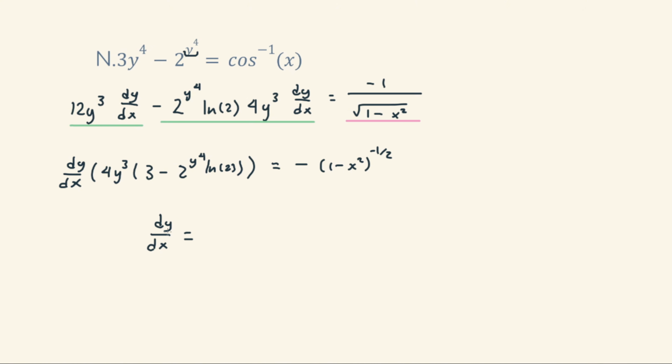So now we have dy over dx is equal to minus 1 minus x squared to the minus 1/2, divided by 4y cubed, 3 minus 2y to the 4 ln of 2. And that's going to be your answer for n.